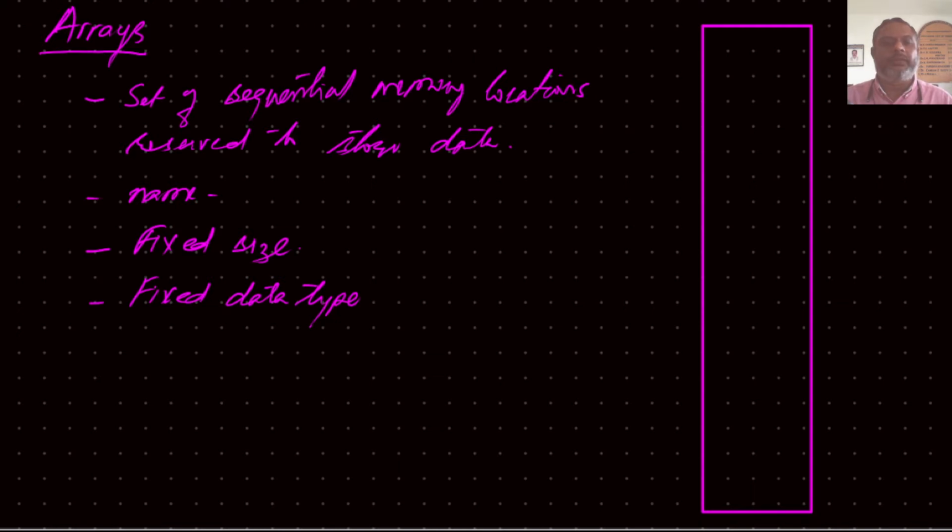So if we want some memory for, say, an array A, which has some fixed size, say length of the array is L, and data type maybe character, that means 1 byte per data.